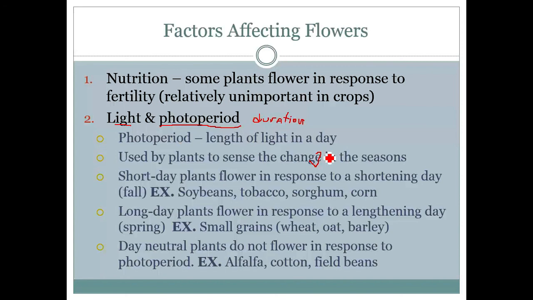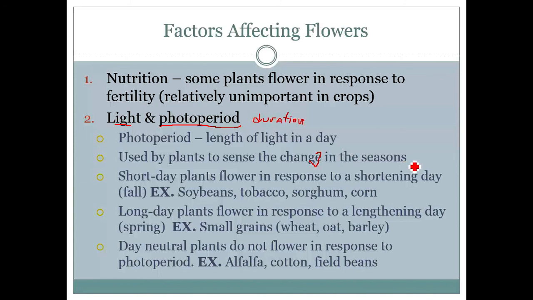And we know that this varies depending on the time of the year. Of course, in wintertime we have short days here at this latitude, and as you go farther north they get shorter. In the summertime here we have much longer days. So throughout the year the day length will fluctuate, and it is this fluctuation in day length that allows plants to sense the change in the season.